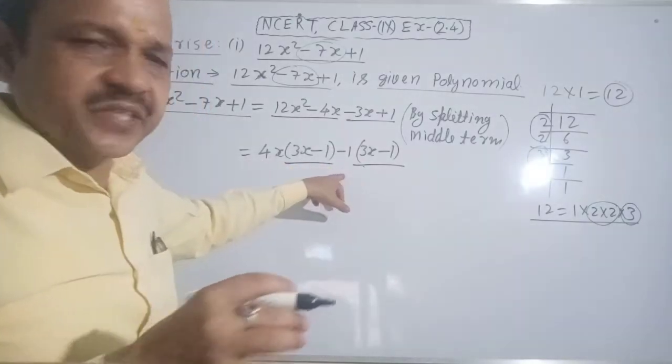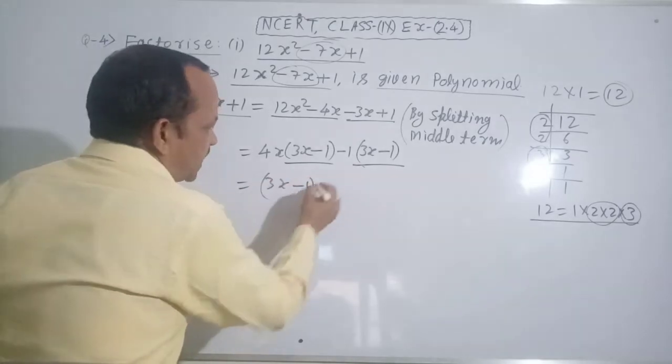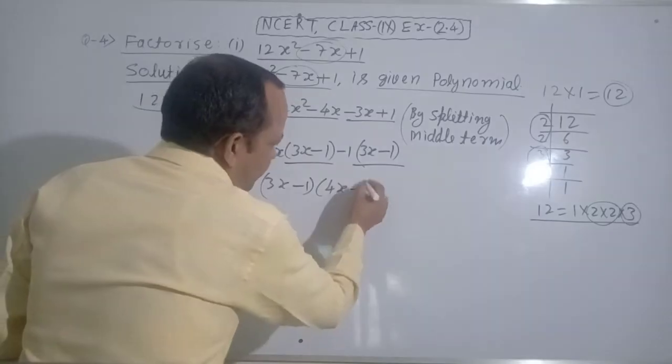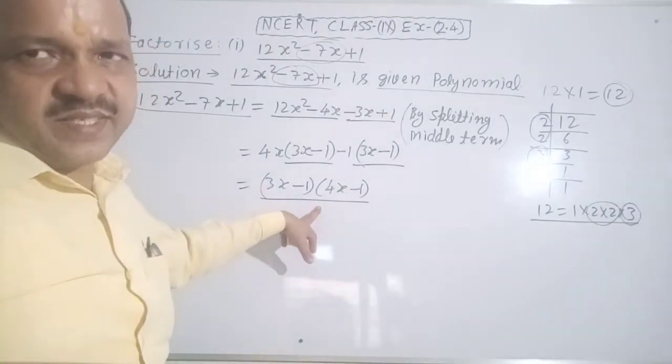You can write it as 3x minus 1 in the first bracket, 4x minus 1 in the second bracket. It is your answer.